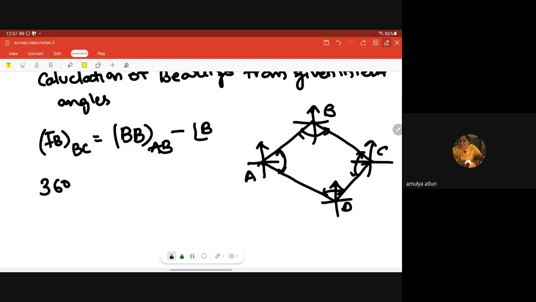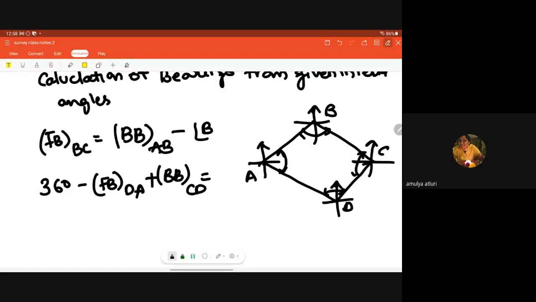Next, 360 degrees minus forebearing of DA plus back bearing of CD. What is this angle? 360 degrees minus forebearing of DA plus back bearing of CD is nothing but angle D, right?